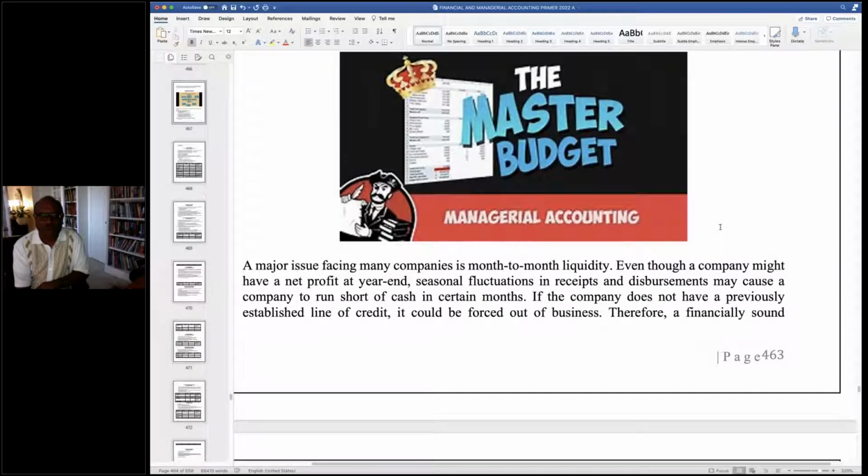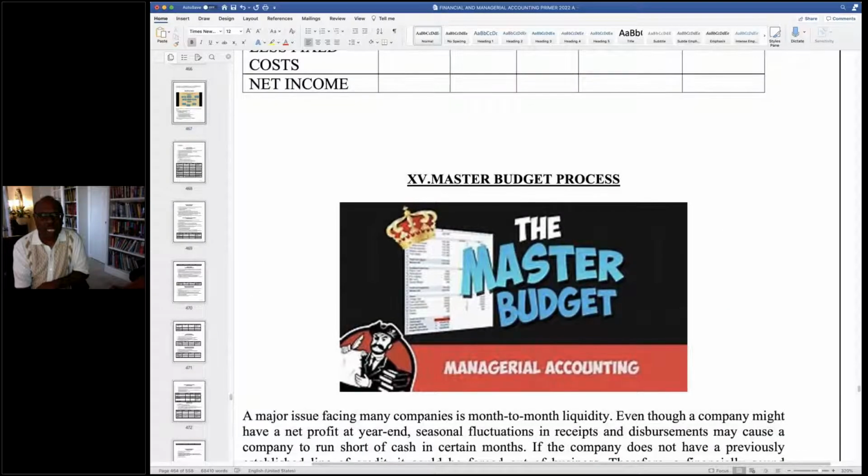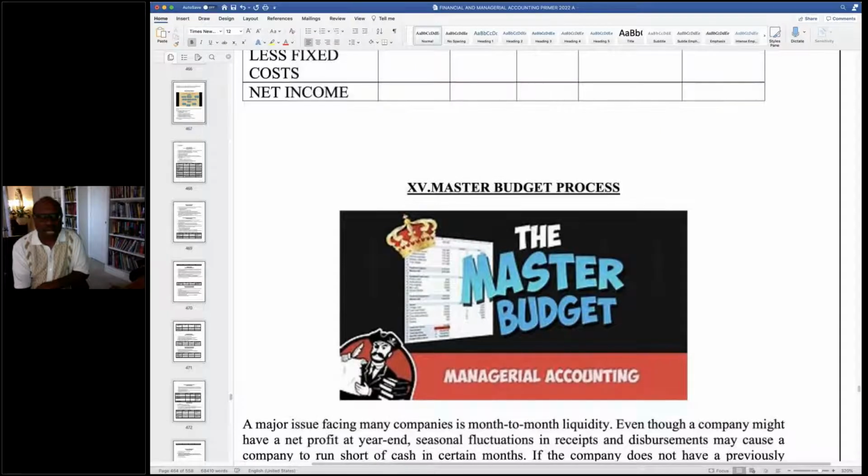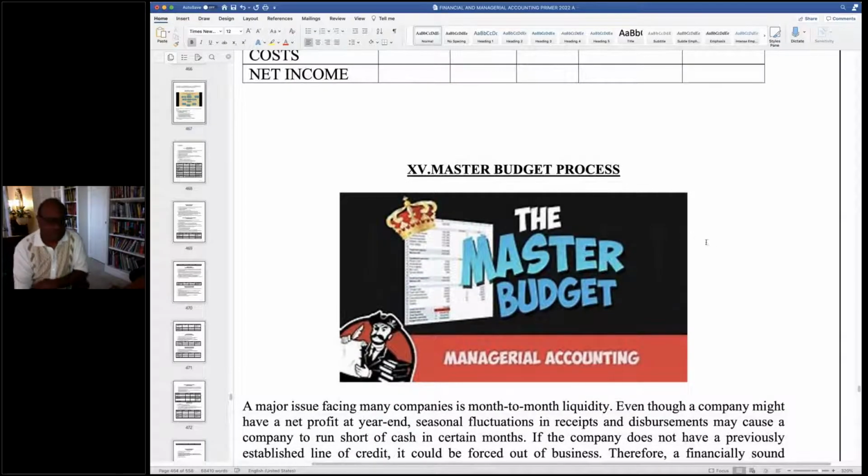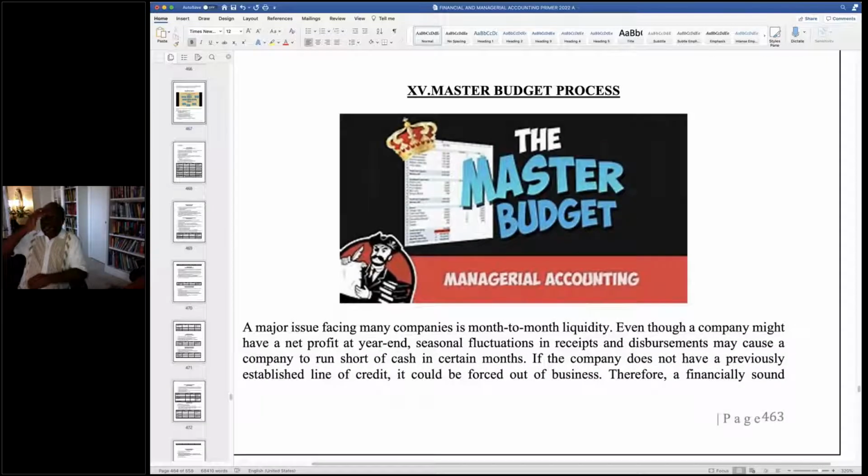Okay, so we begin today looking at the master budget process. A major issue that faces any company, your company that you're starting, is liquidity, month-to-month liquidity.